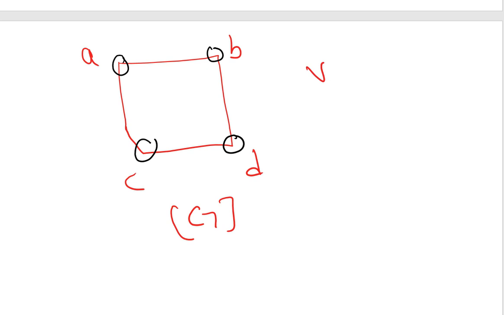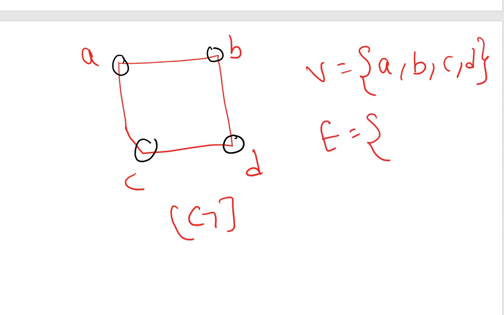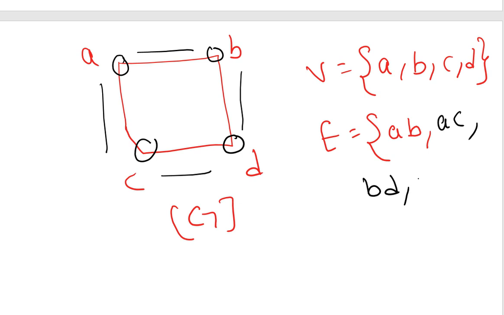So the vertices V: how many vertices does it consist of? It consists of 4: A, B, C, D. How many edges does it consist of? 4. What are they? This is AB, and then AC, then BD, then CD.